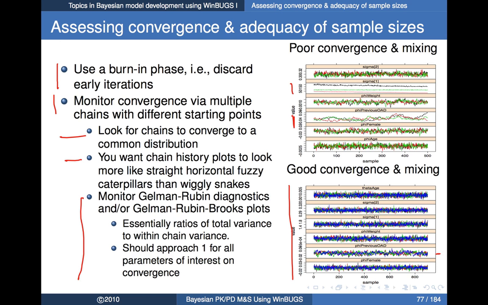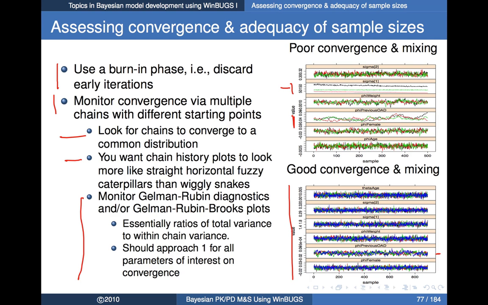So of course you can see with something like this sigma plot up here, the within chain variance actually looks relatively small. But if you were to look at the overall variance, or even just the between chain variance, you can see that would be much larger than the within. So the number you would get here for the Gelman-Rubin-Brooks statistic would be considerably bigger than 1.